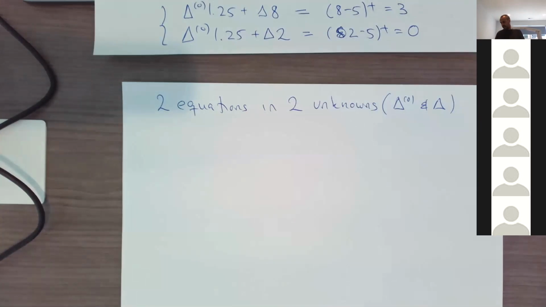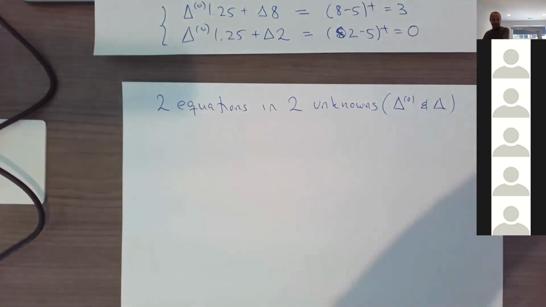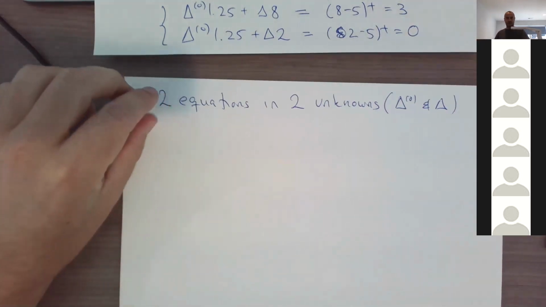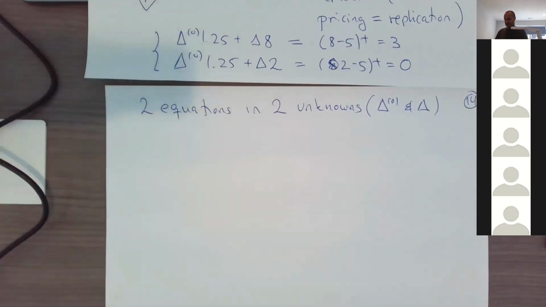I'm trusting that we can all solve two equations and two unknowns. This is not something that I'm going to spend time doing. I am trusting that you know how to do that.